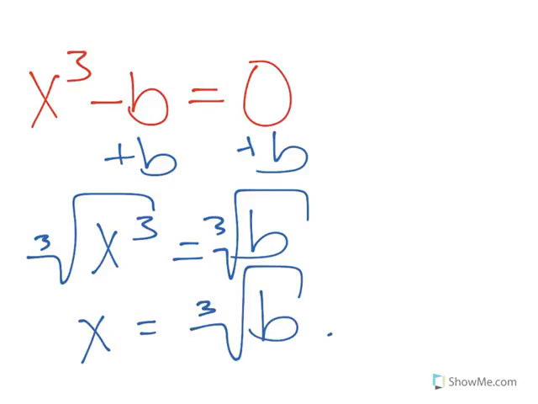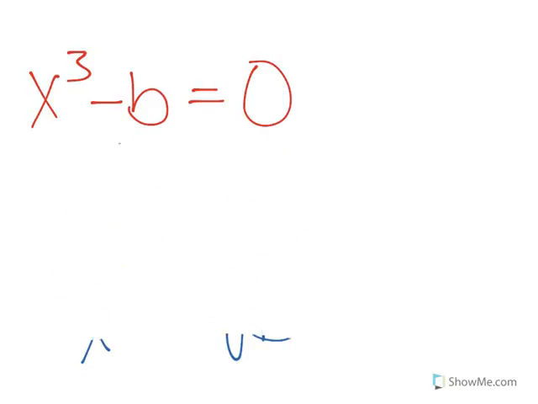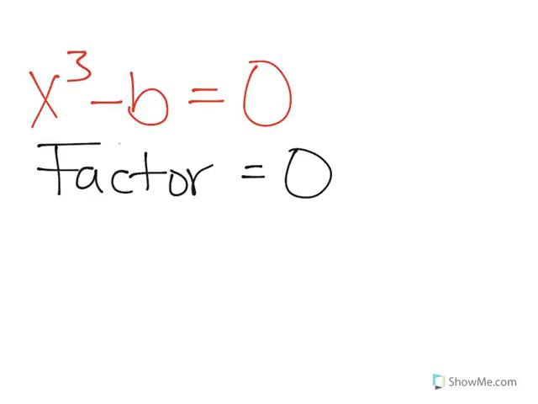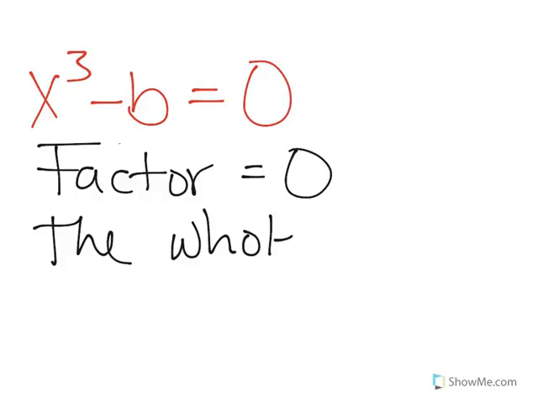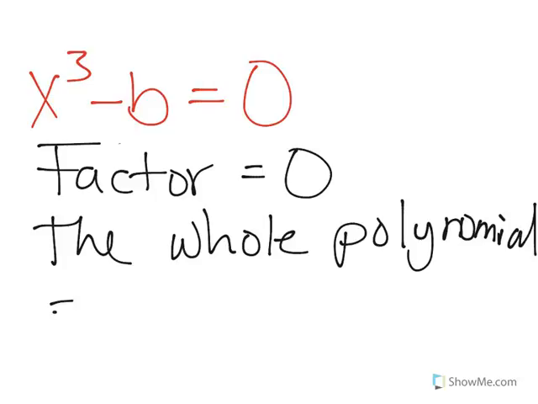And this is one of the zeros, right? As you may recall, the definition of a factor is that when a factor is equal to 0, then the whole polynomial is also equal to 0.